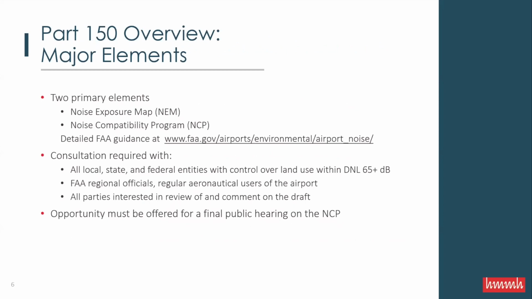There are two primary elements to Part 150. The first is the noise exposure map. The noise exposure map is really the assessment of what the aircraft noise exposure is to the communities adjacent to the airport, but also what the land use compatibility is with that aircraft noise.